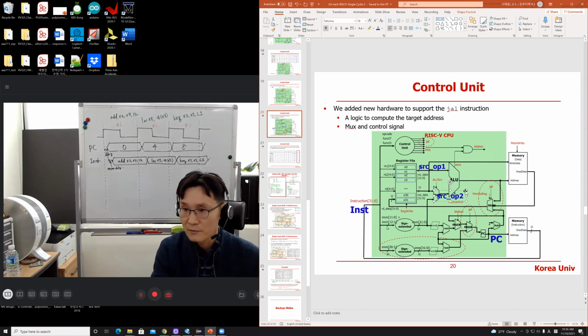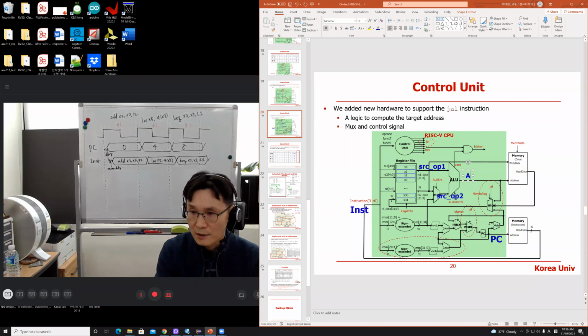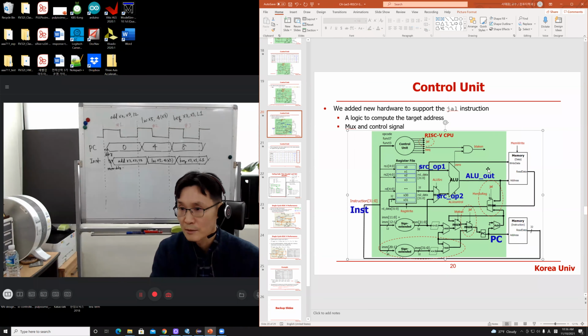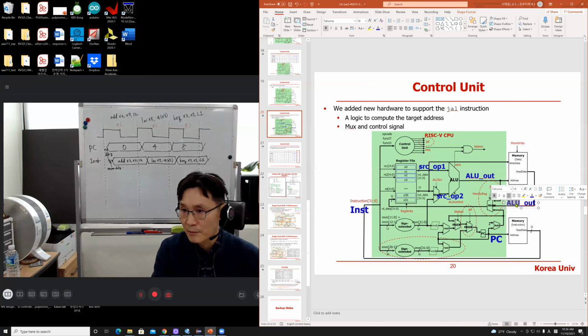And we want to observe the ALU output, because that is an important signal, right? And probably for memory access instructions, you want to check this signal, mem out.